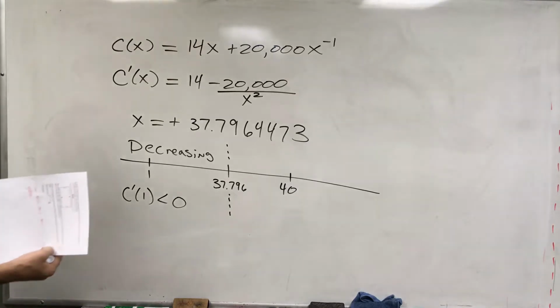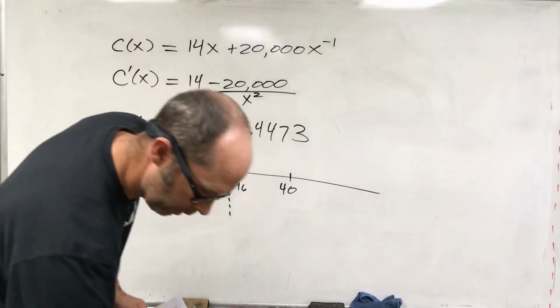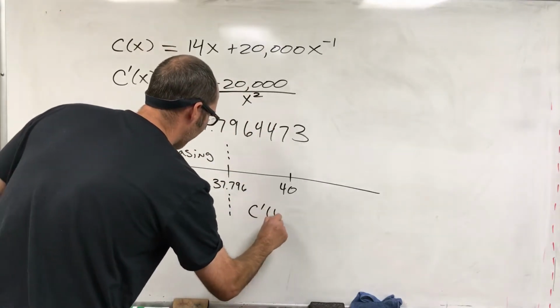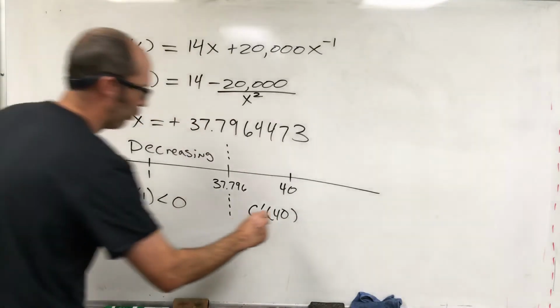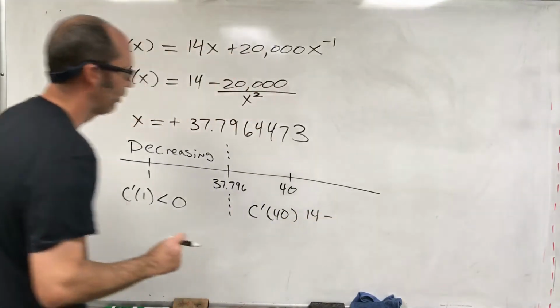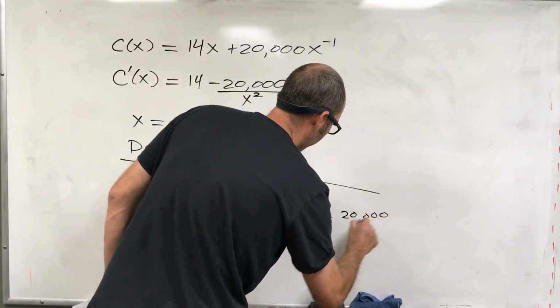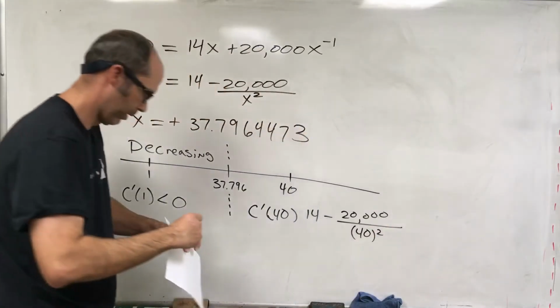Now let's put a 40 in there. C prime of 40 is 14 minus 20,000 divided by 40 squared.